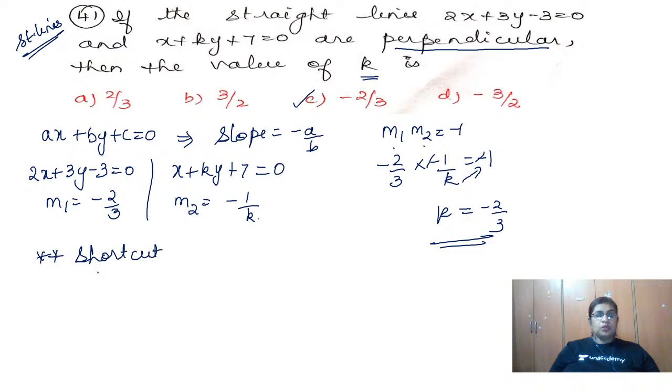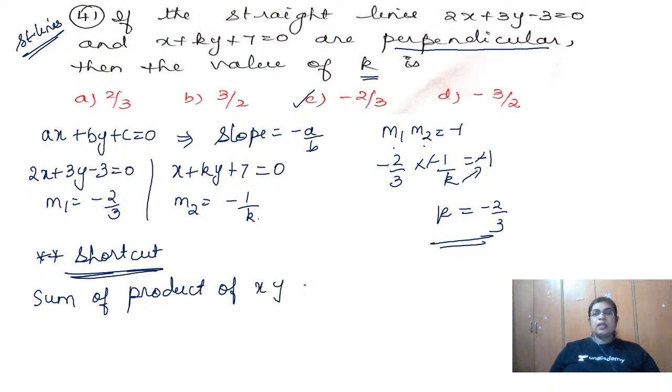So how to find the answer using the shortcut? The shortcut says the sum of the products of the x coefficients and the y coefficients is equal to 0 in the case of perpendicular lines.